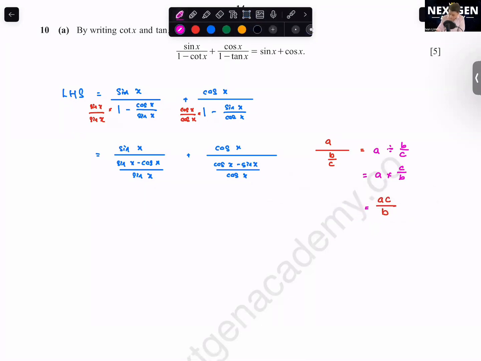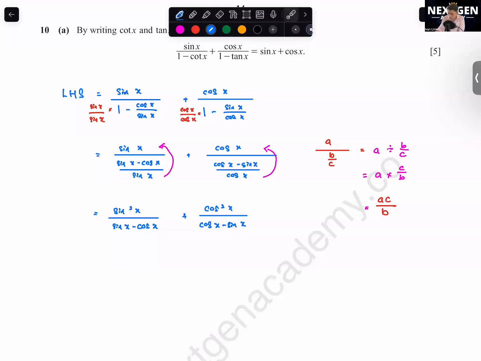So here, the sine x and this sine x, this one will multiply, go up. This one multiply, go up. So it becomes sine square x over sine x minus cos x plus cos square x over cos x minus sine x. Okay, so here, it looks similar already, right? So what can you do to make it join together?